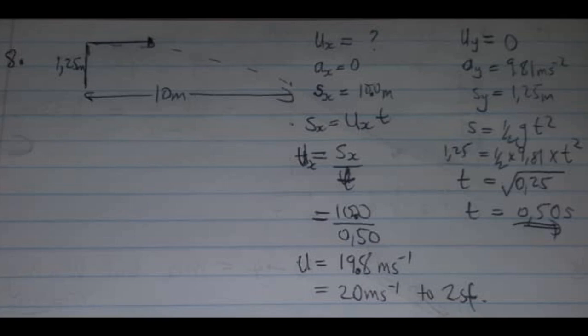So we use s is equal to ut plus half at squared, but there's no acceleration in the horizontal, so it's just s is equal to ut. So t we have found is 0.5 and s is the distance, 10 meters. And then we make u the subject. It's going to be s over t, 10 over 0.5, that gives you 20. Should give you 20 meters per second.